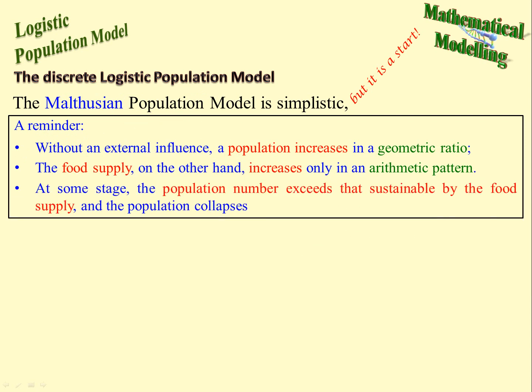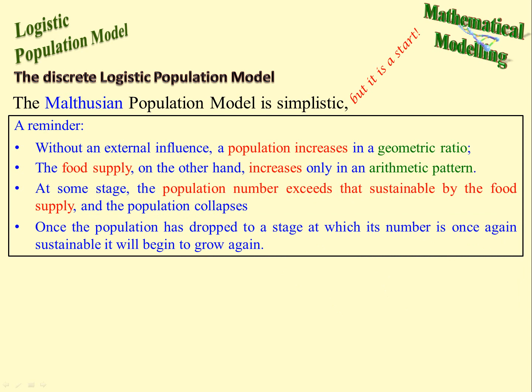At some stage, the population is going to exceed what's sustainable by the food supply, because a geometric pattern will always overtake an arithmetic pattern, and the population collapses. Once the population has dropped to a stage at which its number can be sustained again, the population number will begin to grow again.